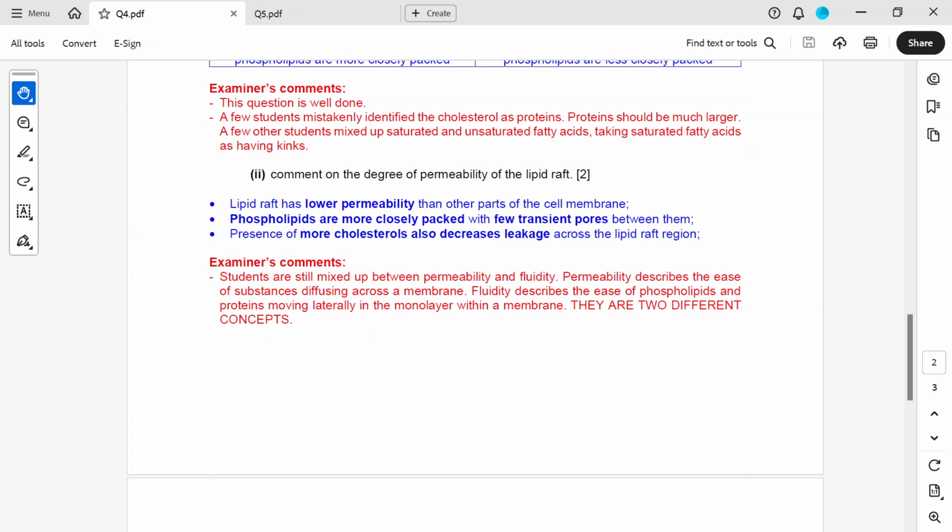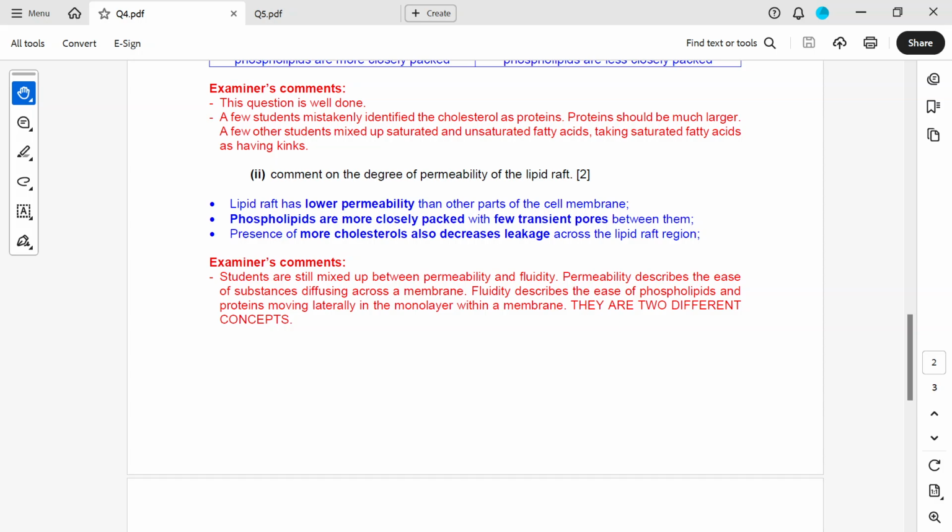So part 2, the question is on permeability, right? Permeability, not fluidity. I don't know whether you remember in CA2 when we went through one of the questions that I marked. There was also a question on fluidity versus permeability, and you mixed them up in CA2.